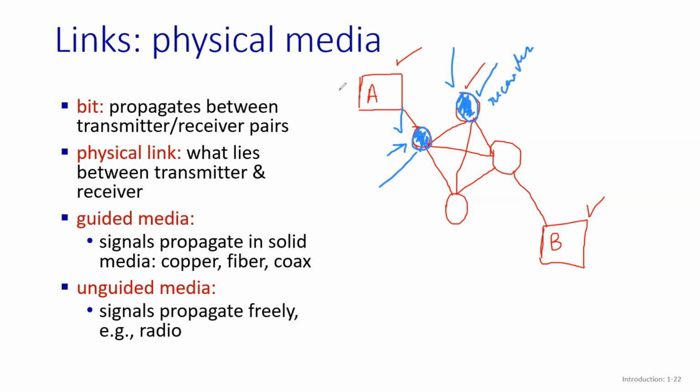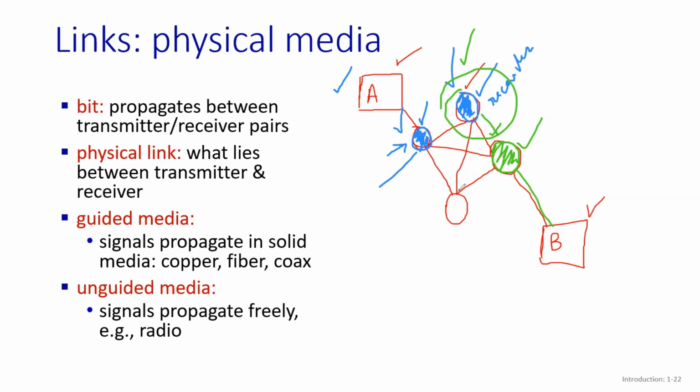Previously, host A was the transmitter and this router was the receiver. Now let's suppose we have the bit at this router. It sends the bit to the next router, so this one acts as a transmitter and that one as a receiver. This combination continues until the bit reaches host B.